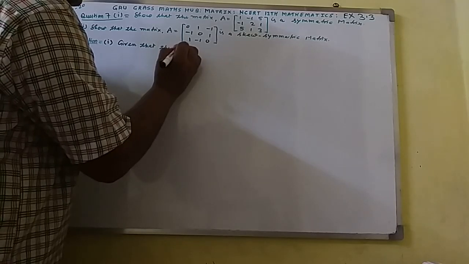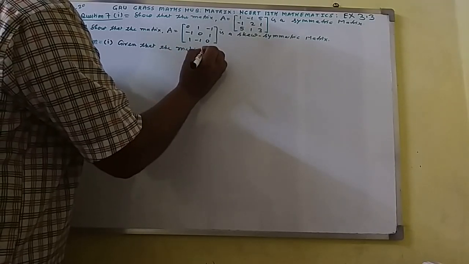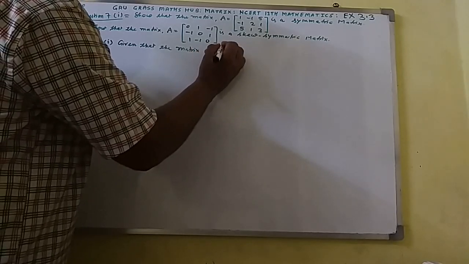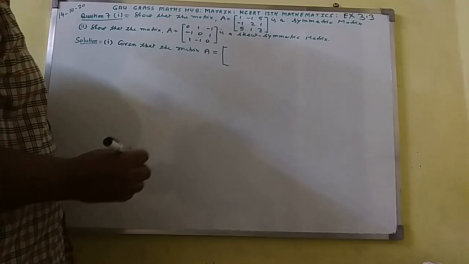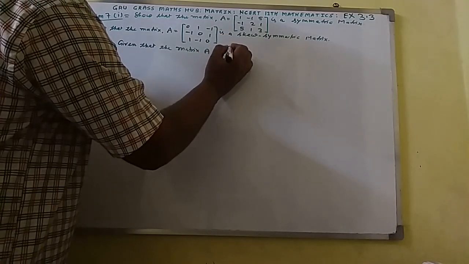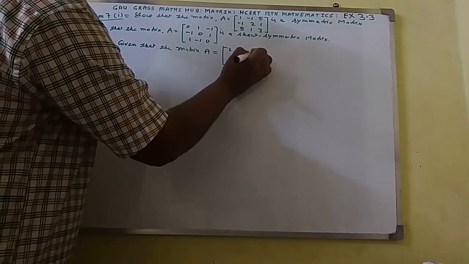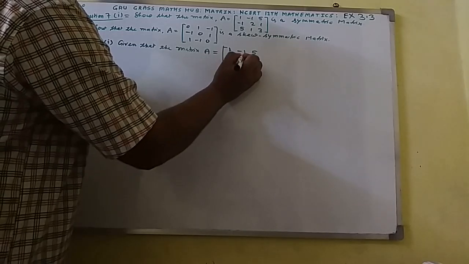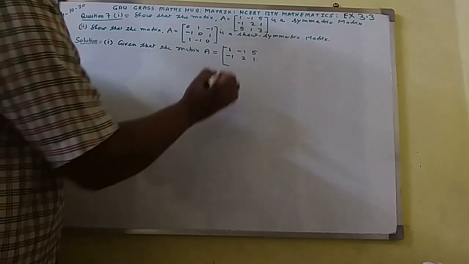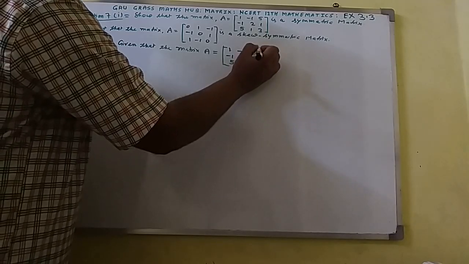the matrix A equal to opening of square bracket, the elements of first row 1 minus 1 5, the elements of second row minus 1 2 1, the elements of third row 5 1 3, closing of square bracket.